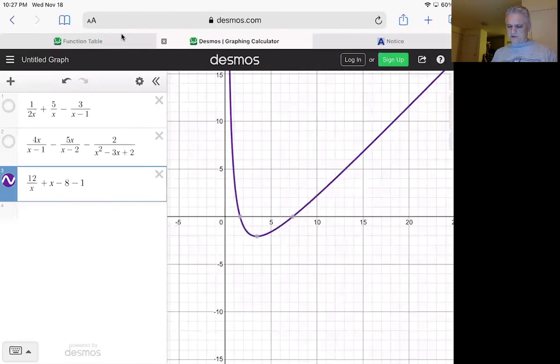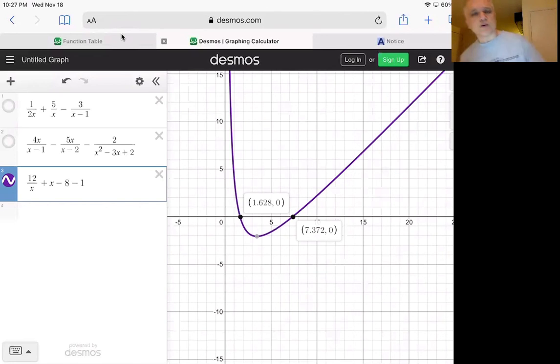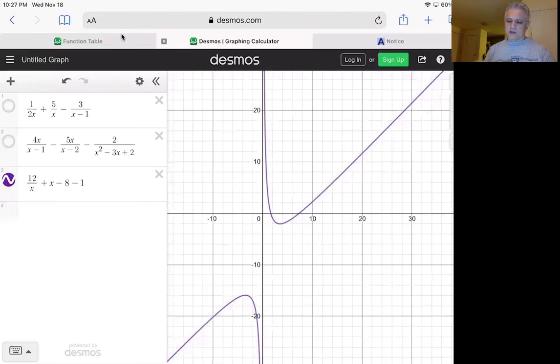And let's see if they look familiar. Well, look at that. 1.628, which we could round to 1.63, which was our 9 minus root 33 all over 2. And then 7.372, 7.37 is what we estimated for 9 plus root 33 over 2. So let's sketch this, if we could.